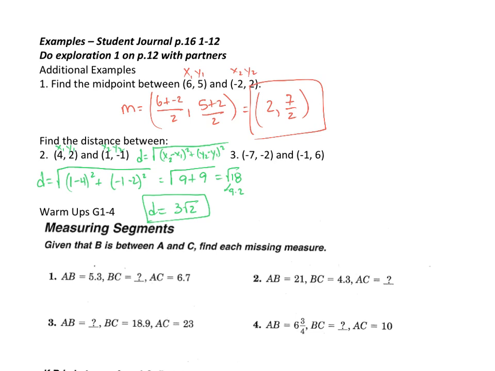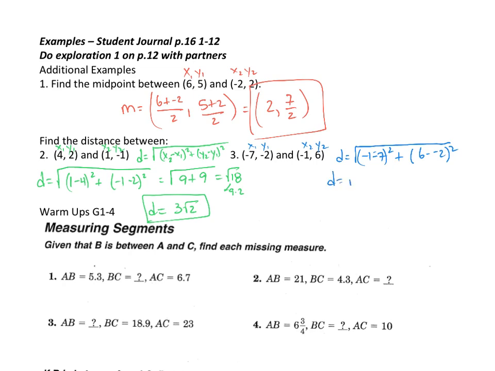On this next one, same thing, distance formula, and we're going to say x1, y1, x2, y2, and this becomes negative 1 minus 7, squared, plus this becomes 6 minus negative 2, quantity squared.